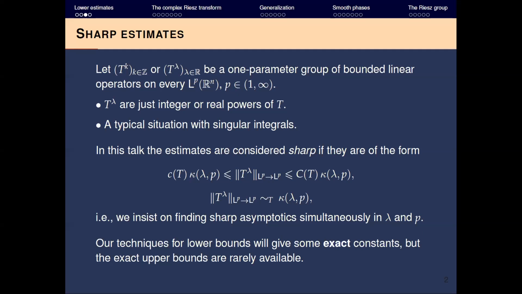You can even say something about the dependence of their norms on P and so on. But it's not so immediate what happens to the powers. So actually, these are the estimates that we want to study.